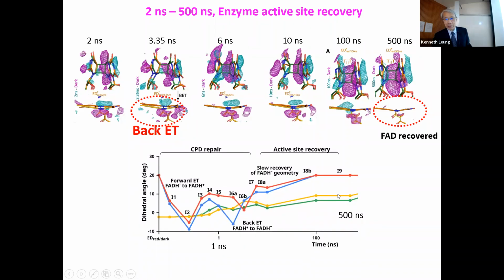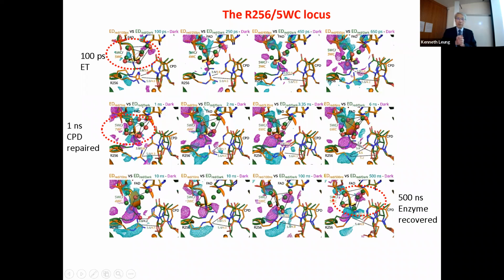I'm going to skip this one. We look carefully at the enzyme to see what happened between 1 nanosecond here and 500 nanoseconds here. Now you have to believe my word because this is very complicated. But if you look at this region, there are 5 small balls. These are 5 water molecules.